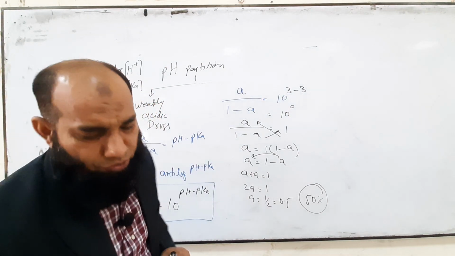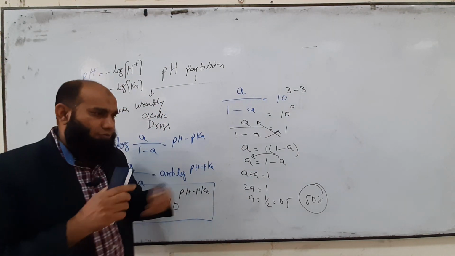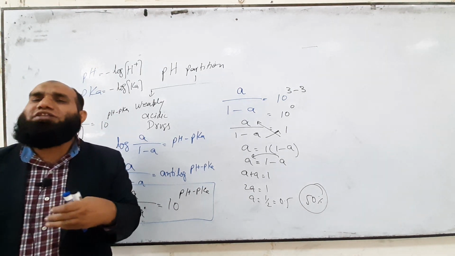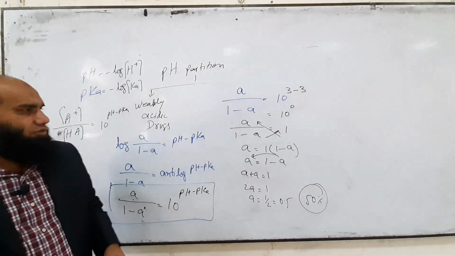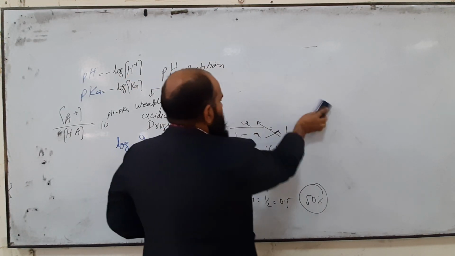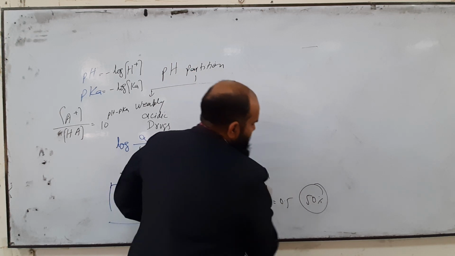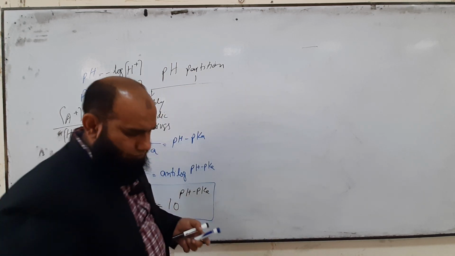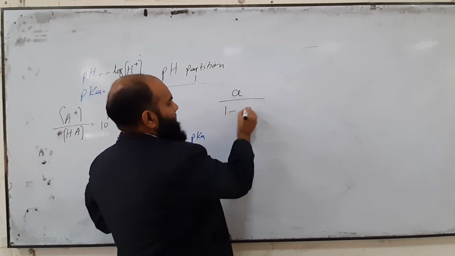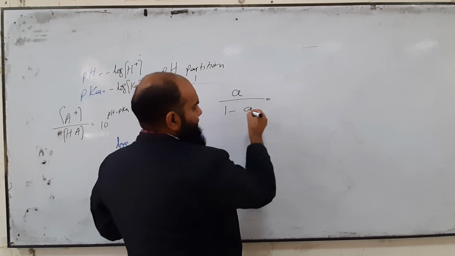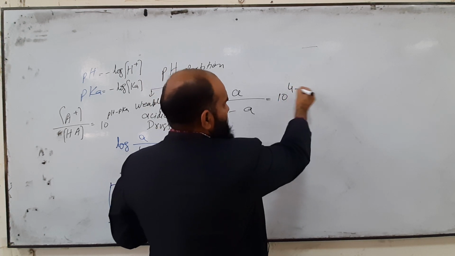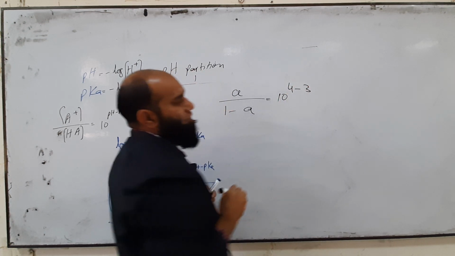Okay, now if the drug moves to an area where the pH is 1 unit greater than the pKa, meaning the pH is 4 and the pKa is 3, then we write: ionized over unionized is 10 raised to power (4 minus 3), pH of the medium minus the pKa value.